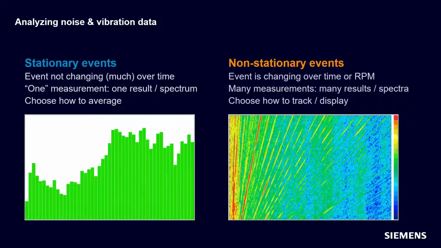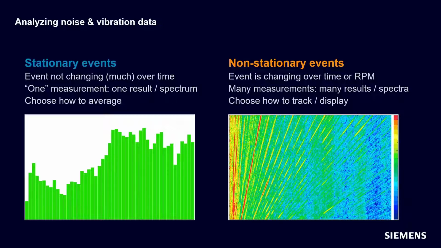The opposite of that is a non-stationary event where maybe we're changing RPM or we're increasing the speed of our fan, and we want to see how the frequency content changes as that speed changes. Okay, so this is a non-stationary event. Here we need to figure out whether we want to track on maybe RPM or the speed of the fan, or maybe we just want to track on time.